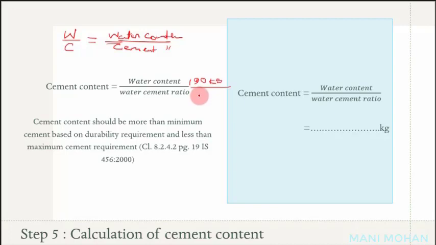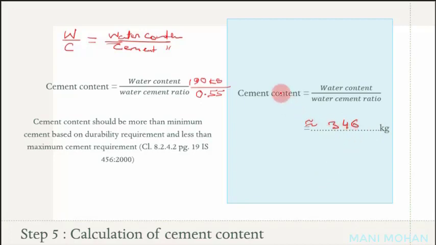We had seen the durability criteria was dominating compared to the target strength criteria. So the water cement ratio is 0.55, which you have adopted. Alright, so if I do 190 divided by 0.55, how much do you get? You will be getting 345.45 kg. So I'll say nearly equal to 346 kg.